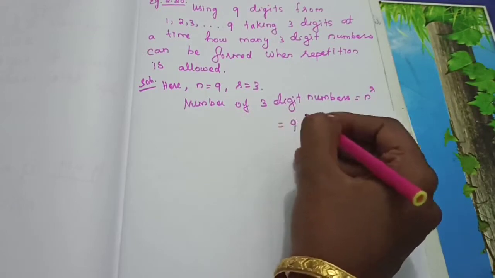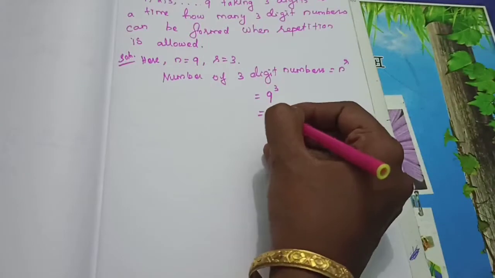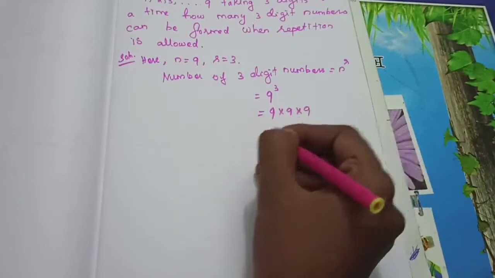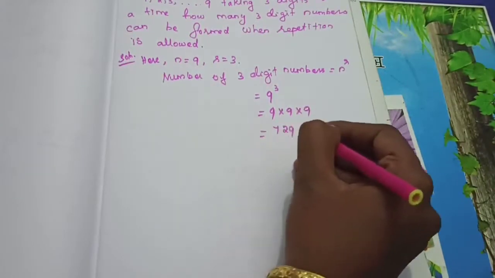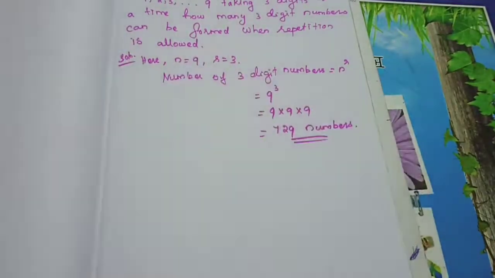That is 9 power 3. 9 power 3 means how much will you get? 9 into 9 into 9. So how much will you get? 729 numbers. Have you got it?